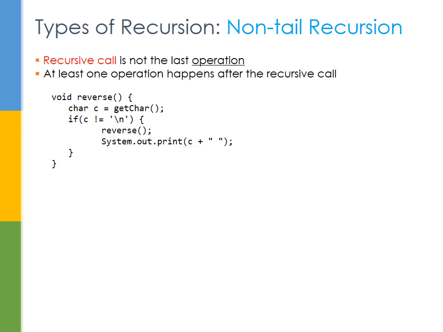So what happens then in this case? Well, essentially what will happen is the user will type in a character, and let's assume that they've typed in the character A. So that will then be read into the variable C, and then we will print out the character, but before we do that, we perform a recursive call. So this next recursive call then will wait for another character to be entered.